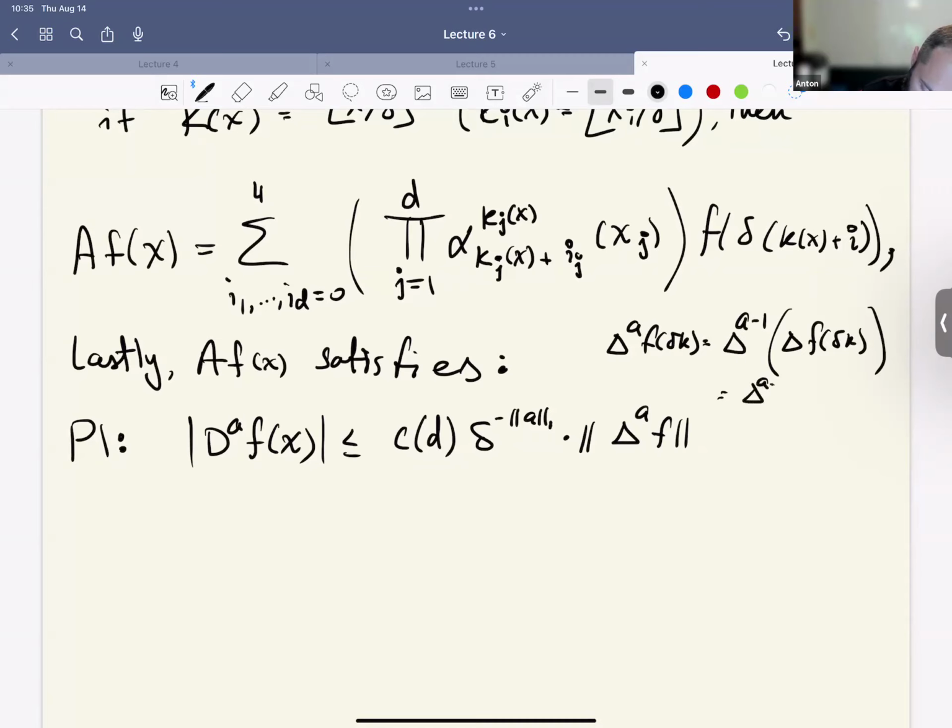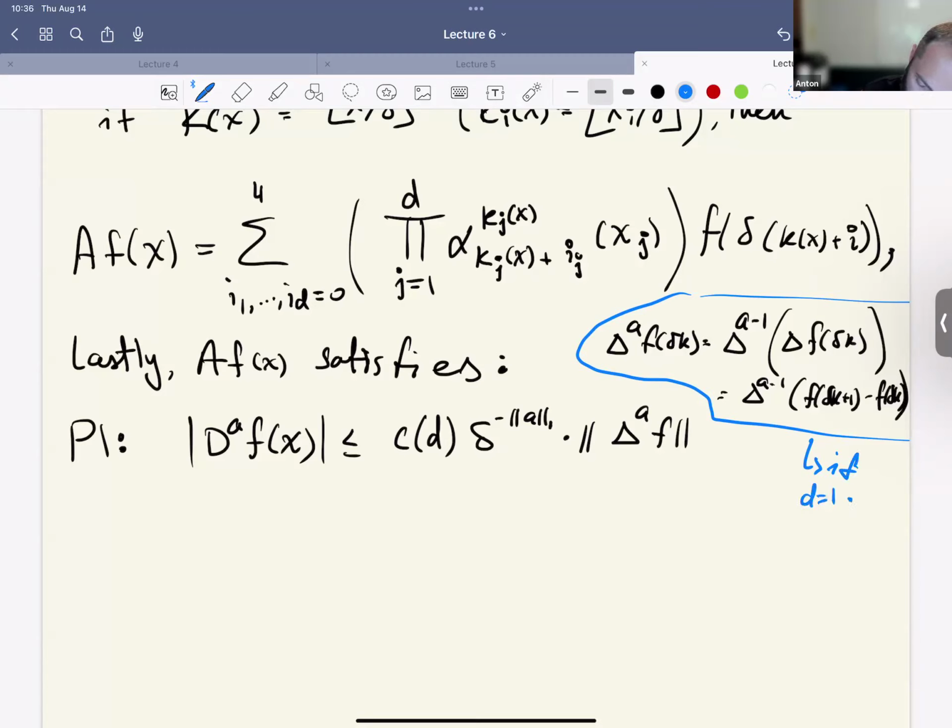This is delta A minus 1, f of delta k plus 1 minus f of delta k. So this definition holds if the dimension equals 1.